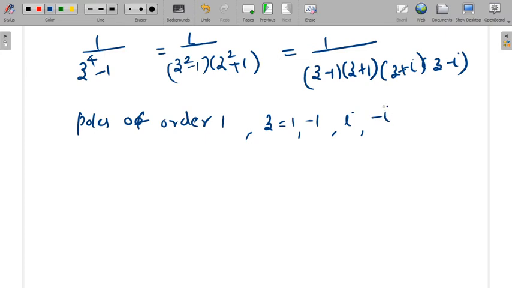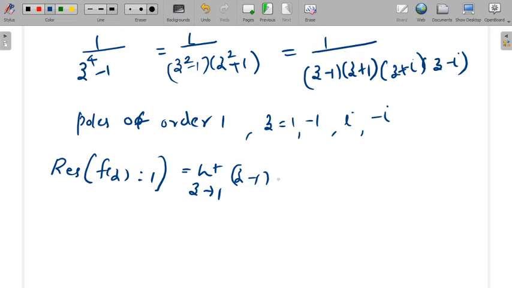And being simple poles, the evaluation of residue was quite simple. We can write a residue of f of z at 1 equal to limit z tends to 1, z minus 1 into f of z. So it will be easy for you if you write the factorized forms and cancel the terms.